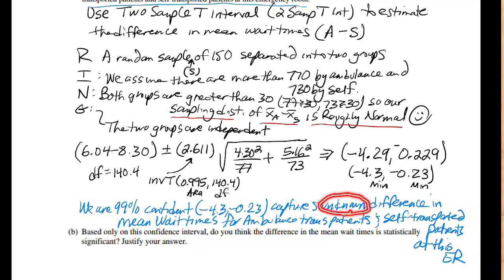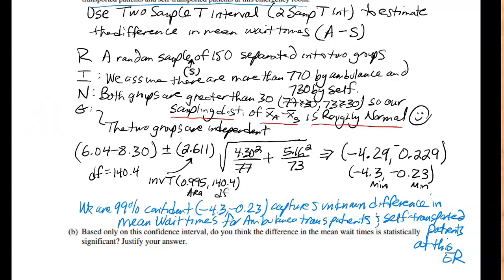It's not the sample mean difference, it's the population difference in means. And then in context, preferably present or future tense, which we didn't have that issue. We didn't say like people who were transported. That would be a problem because that's referring to the sample. Wait times for ambulance transported patients and self-transported patients. Sounds present or future tense enough. So this first part, part A, would be worth 3 out of 4 points.